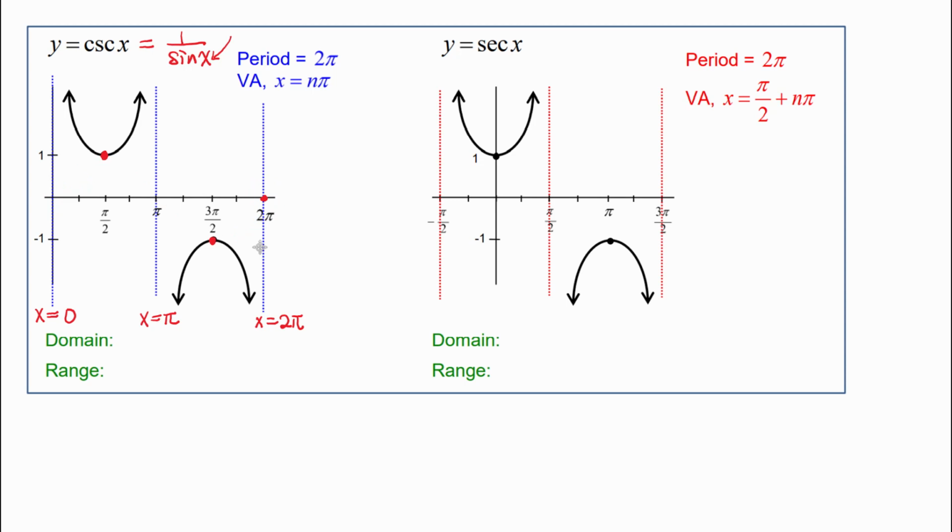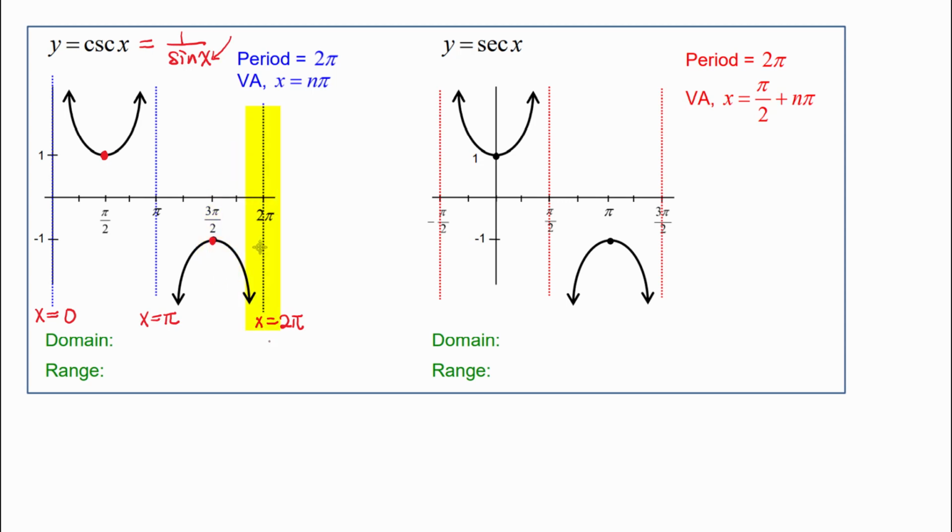So then the 5 key values of y equals cosecant x are: first vertical asymptote, x equals 0. And then relative minimum, (pi over 2, 1). Another vertical asymptote, x equals pi. Relative maximum, (3 pi over 2, negative 1).